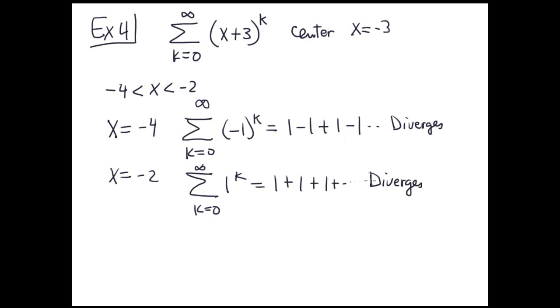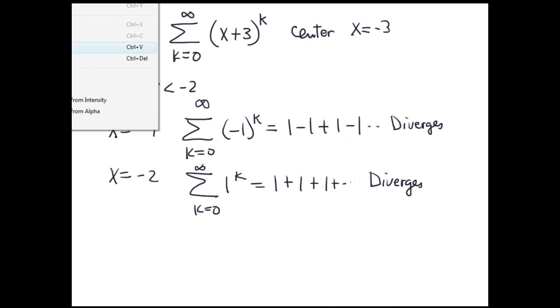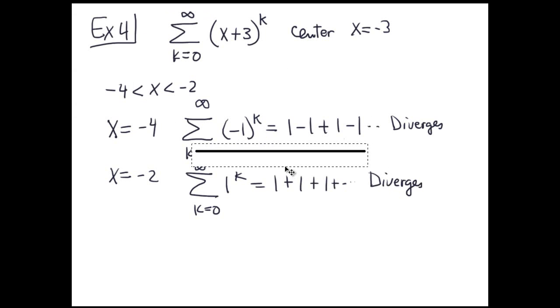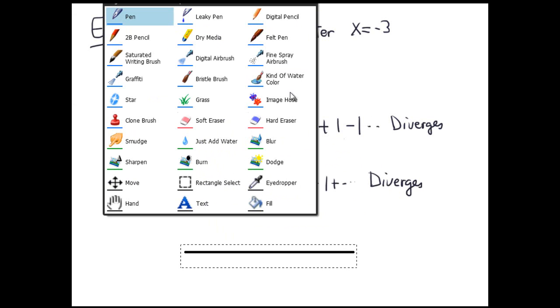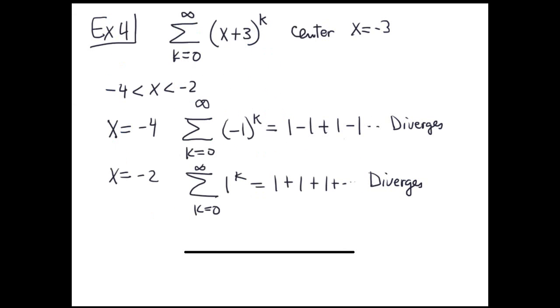Then the representation of the interval of convergence looks like this. It's all real numbers. This is -4, -3, and -2.